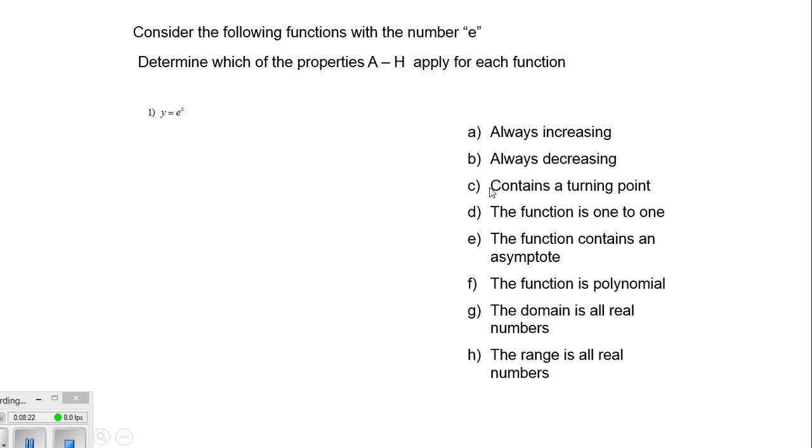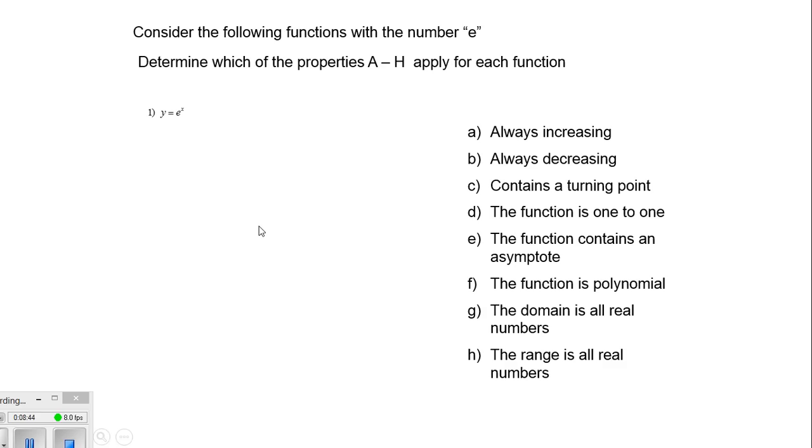No. Turning points are inherent in polynomial functions, where we have the roller coaster rides of sorts. So it's not happening. Is the function one-to-one? Yes, it is one-to-one because all the exponential functions are one-to-one, which is going to imply, of course, that it has an inverse.